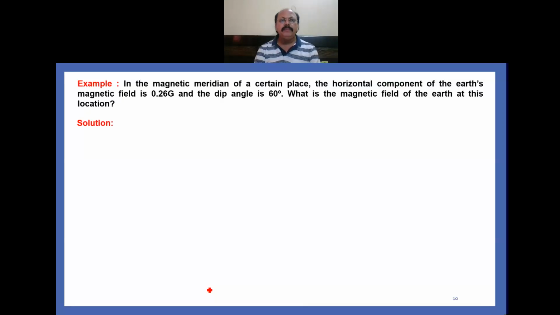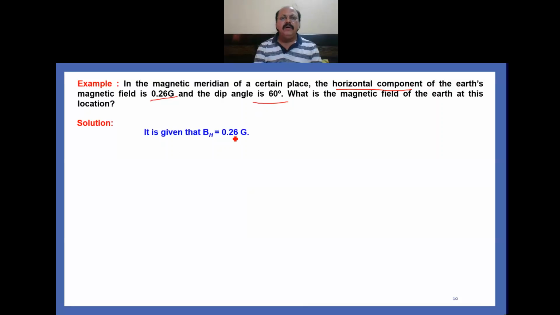Now we take one example. In the magnetic meridian of a certain place, the horizontal component of earth's magnetic field is 0.26 Gauss and dip angle is 60 degree. What is the magnetic field of the earth at this location? So you see that in the question, the important thing is that first you understand the question, and after that you apply your concept. Here the horizontal component of earth is given, that is 0.26 Gauss, and the dip angle is given 60 degree.